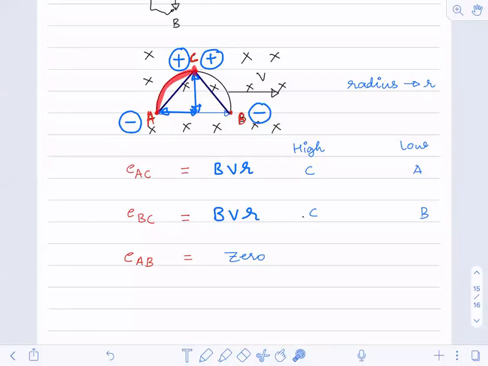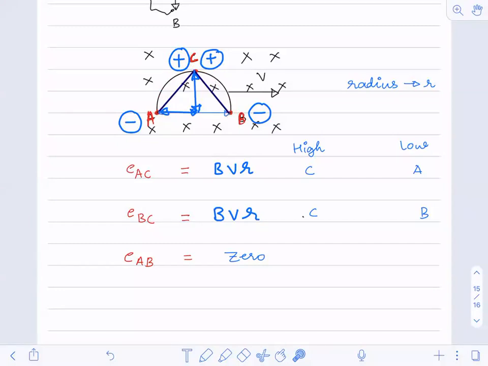And again from C to B when you are moving, the potential is decreasing. So the amount of potential it is increasing from A to C, the equal amount of potential is decreasing from C to B. Correct? And so the net potential across A and B is 0.